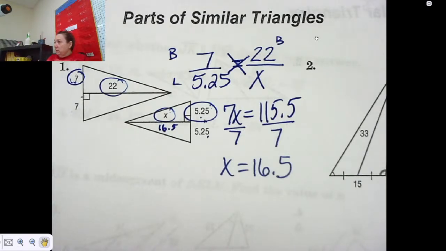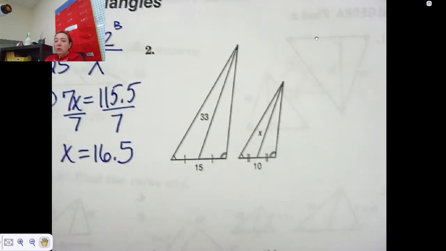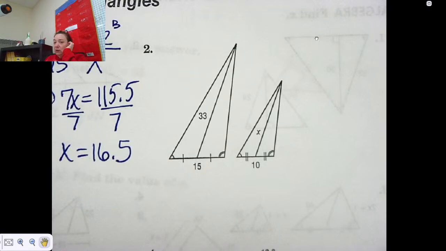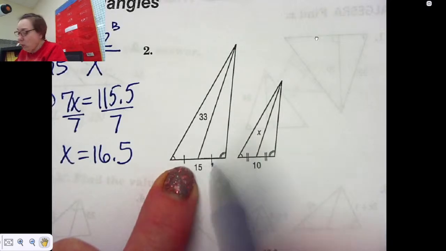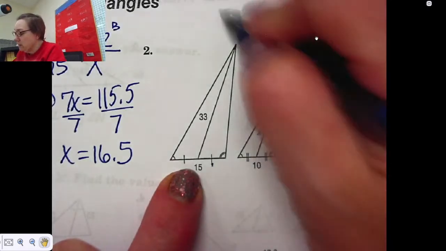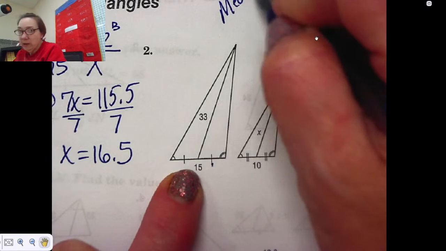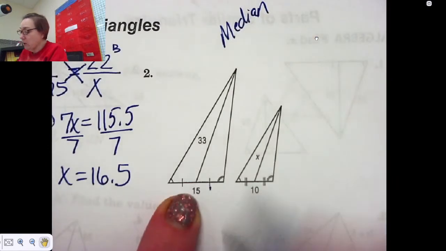Does that make sense? Okay, so we look at number 2. We've got these 2 triangles, and it tells us these 2 are congruent, so we know that's a median because it's in the center of the side and goes to the other angle.